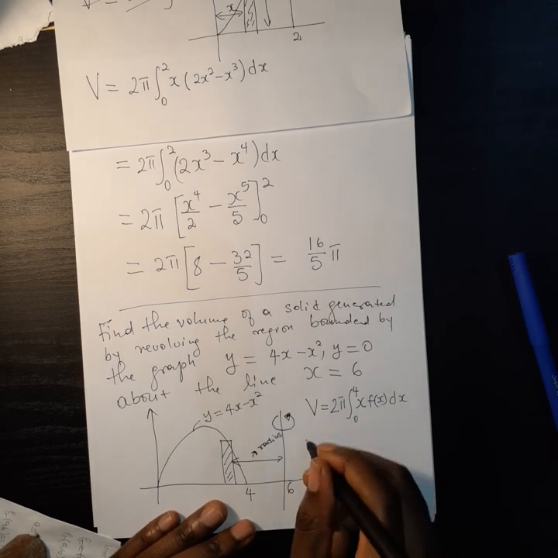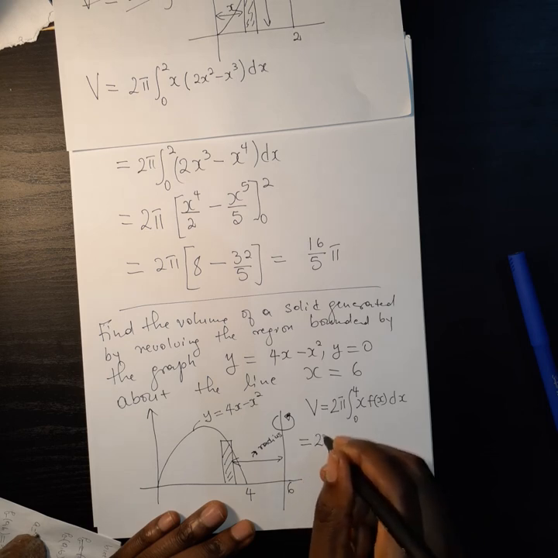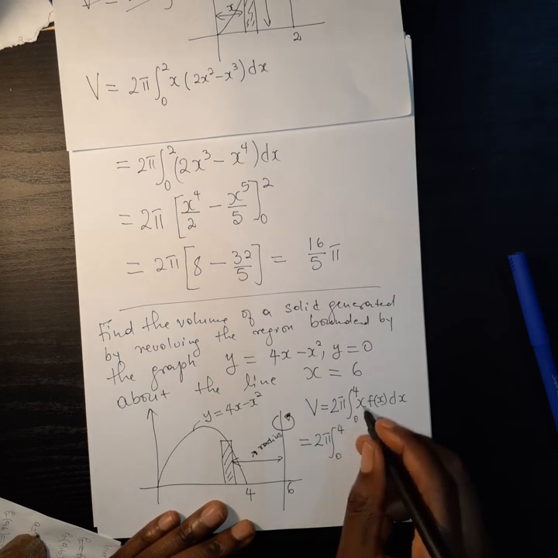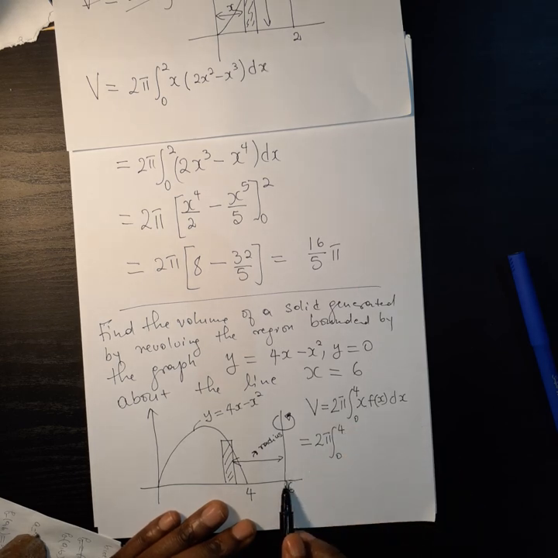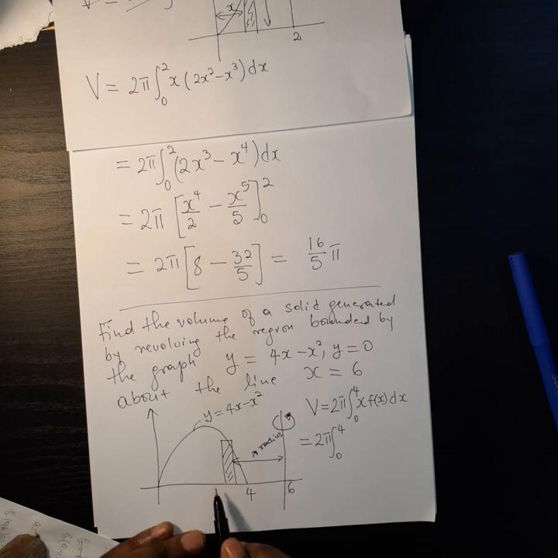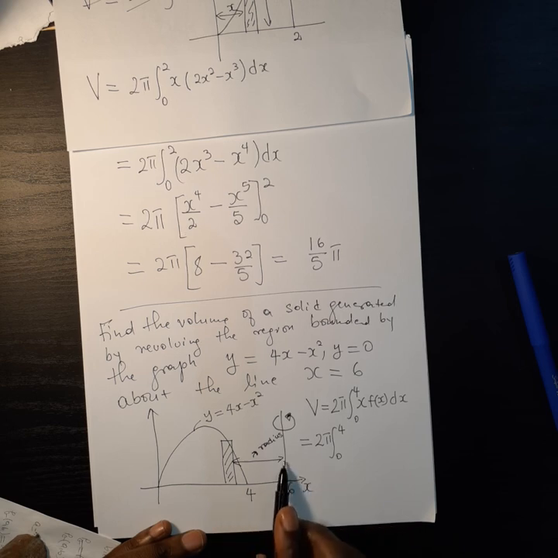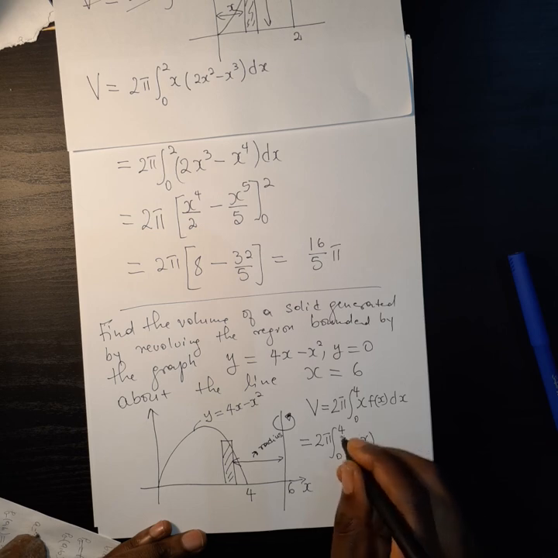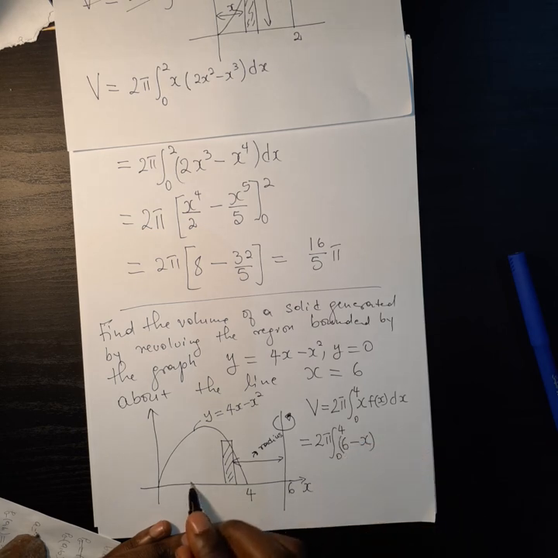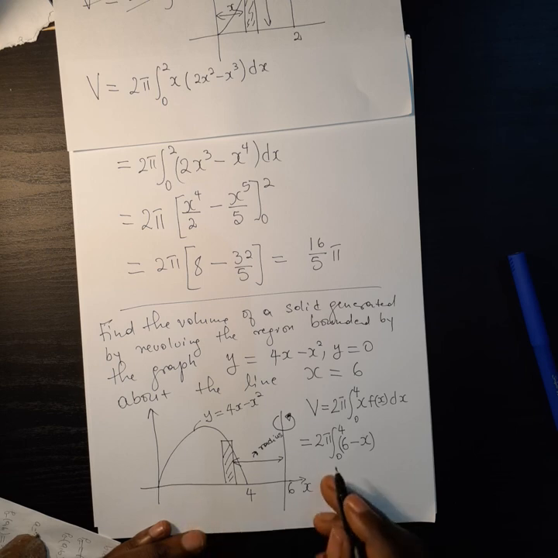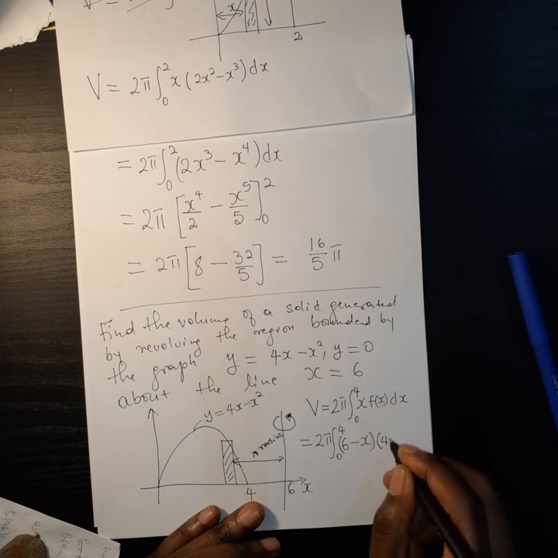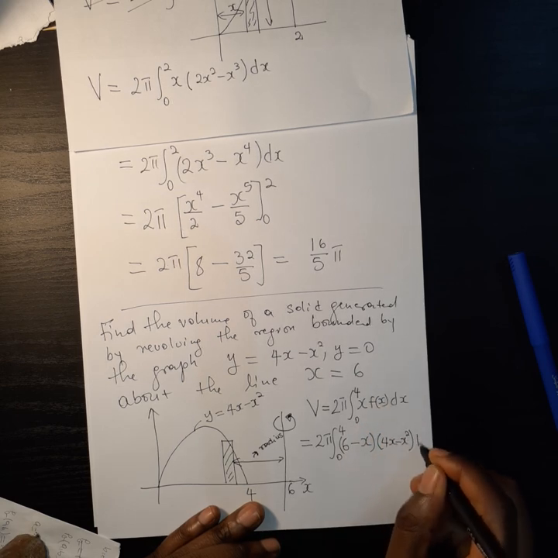What is our radius? The radius is the distance from this line to any value of x here. Remember, x is just moving along this x-axis. So this distance is 6 minus any value of x. It can be here, it can be there, anywhere around here. 6 minus x. And then we multiply by f of x, which is 4x minus x squared, then dx.